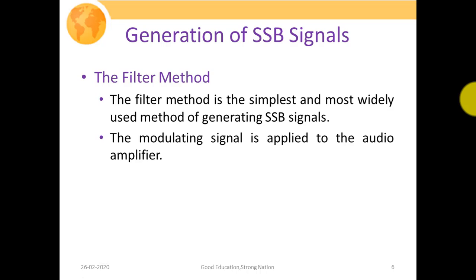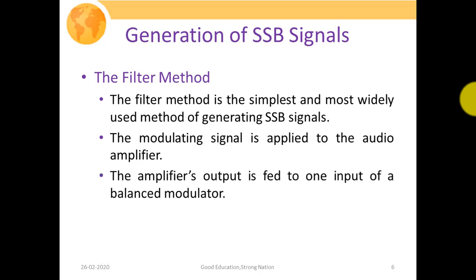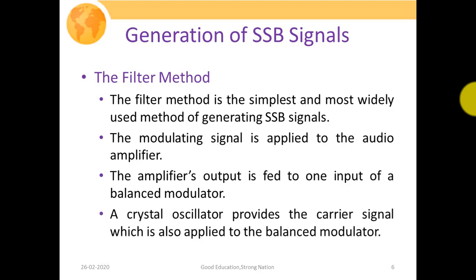As we had already mentioned, the modulating signal or message signal is applied to the audio amplifier, and then the amplifier's output is fed as one of the inputs to the balanced modulator. Obviously we know that the second input of the balanced modulator is the carrier signal. For generating our carrier signal, we are using a crystal oscillator since it provides a stable carrier signal.